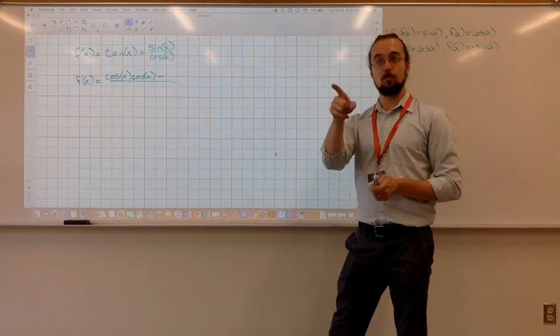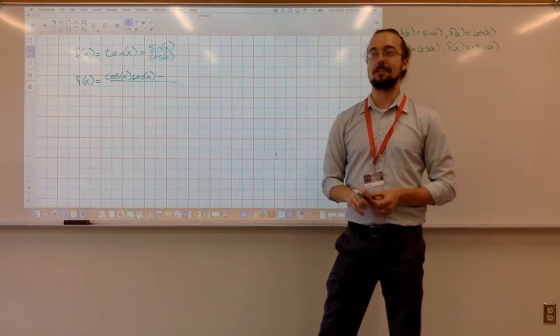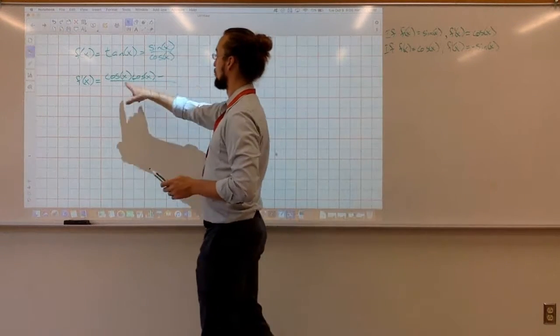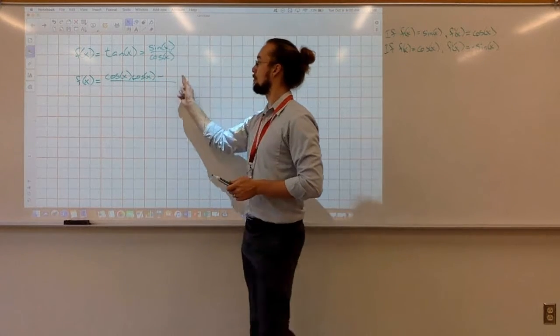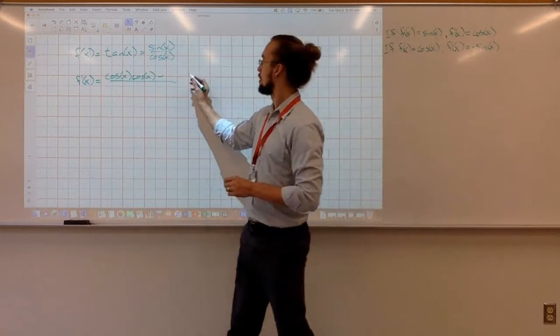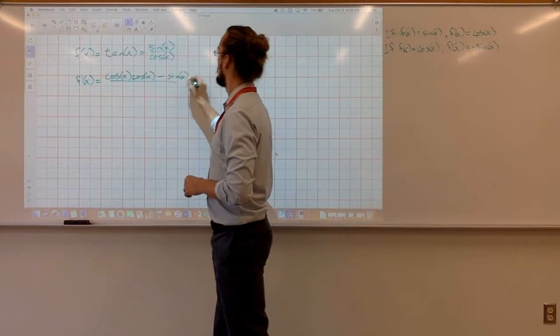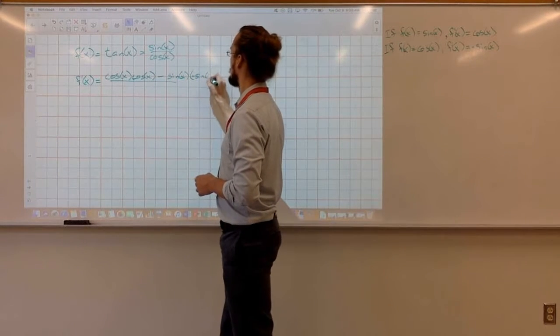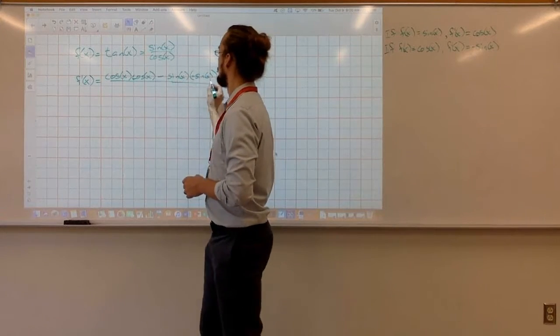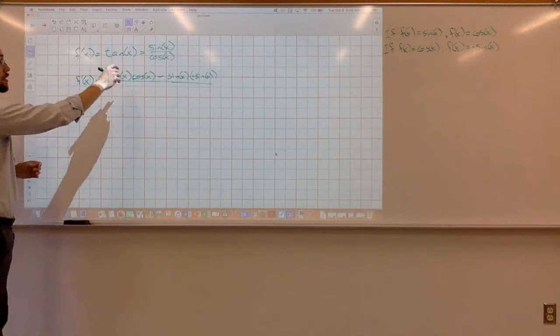Yeah, we're going to use that here in a second. Okay, so now we've got g times f prime minus the top times g prime, so sine times negative sine, over cosine squared.